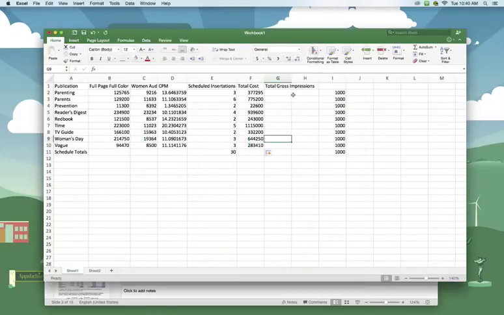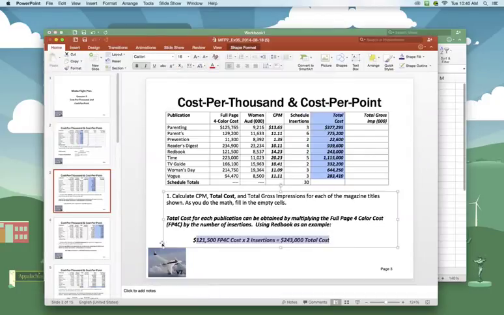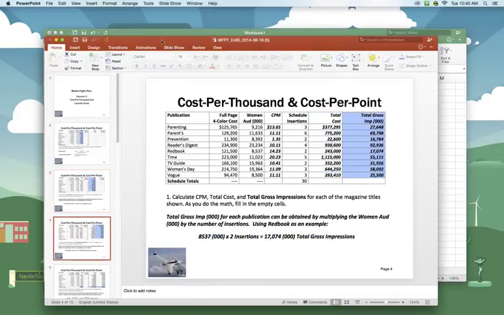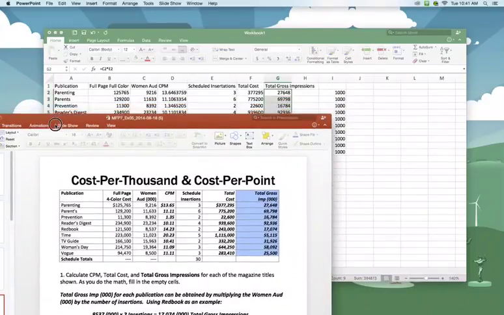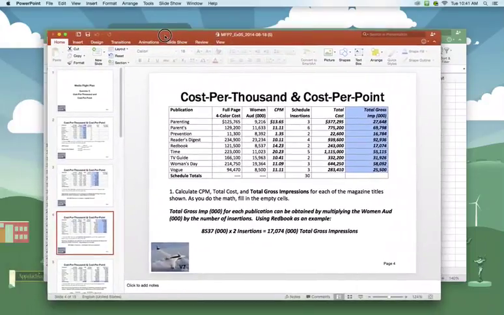This is just as easy as doing the audience, provided I do that correctly, and I didn't. There we go, that looks better. Scroll down on that, and you'll see again that it corresponds with the correct answer throughout. So again, Excel makes this significantly easier.